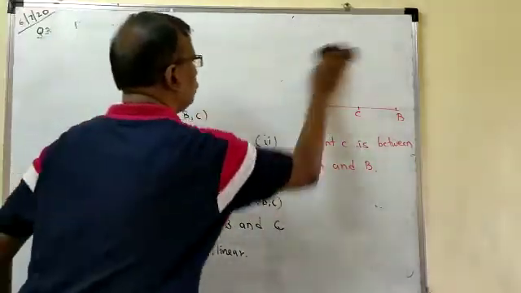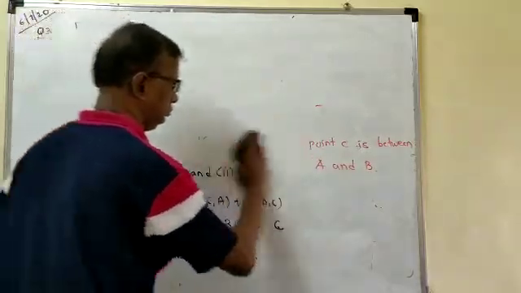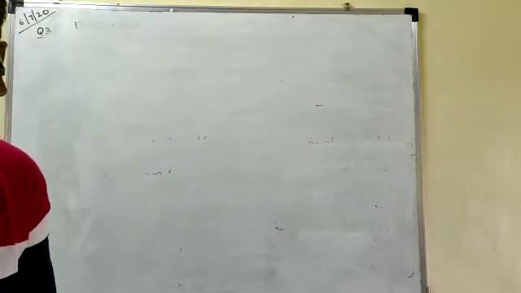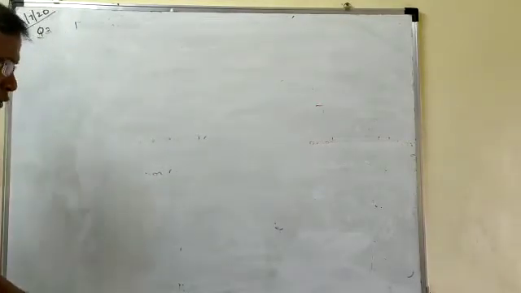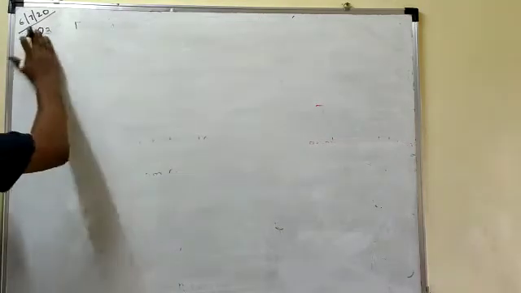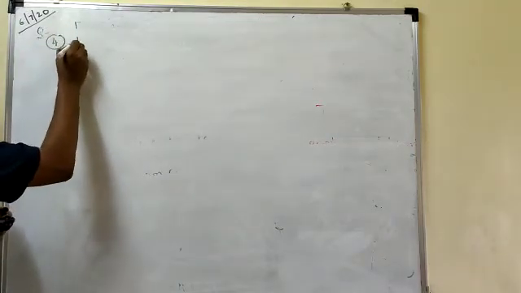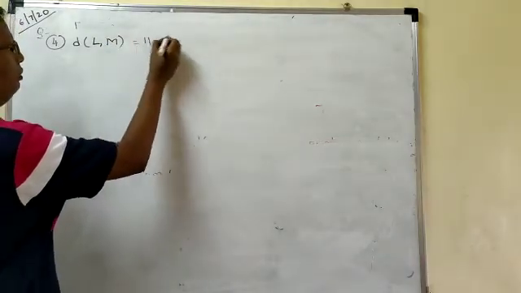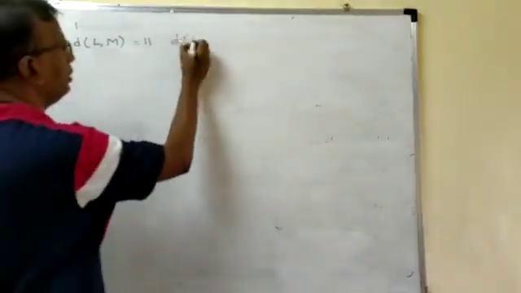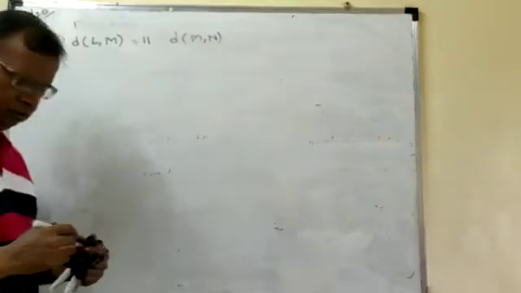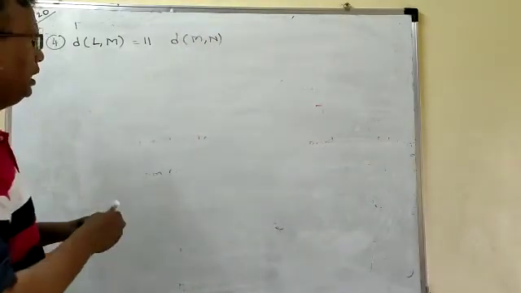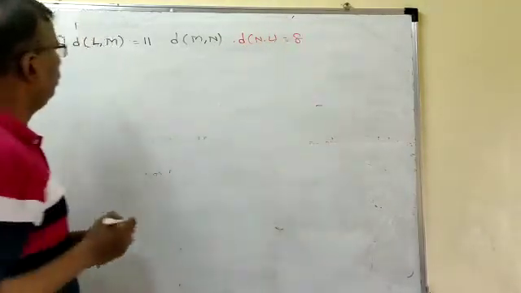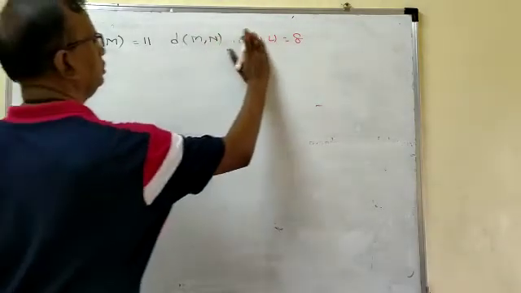Now we need to move to the fourth sum. Now see the fourth sum. What is the question given? Distance LM is how much? 8. Distance MN is how much? 12, it is here.